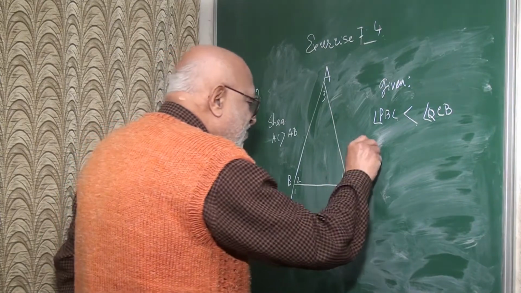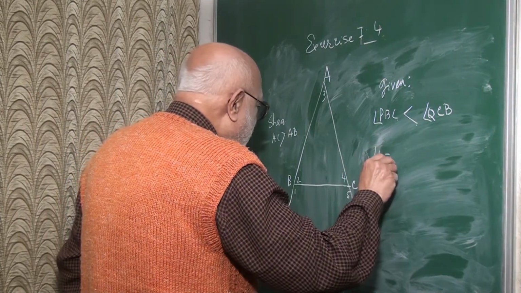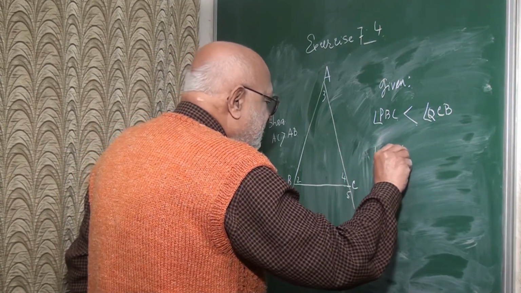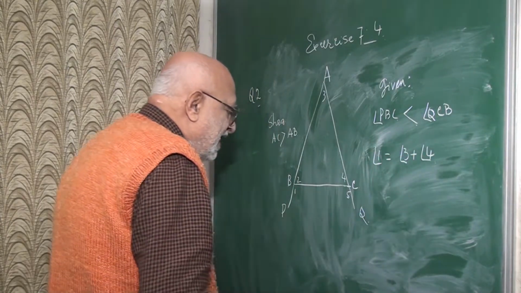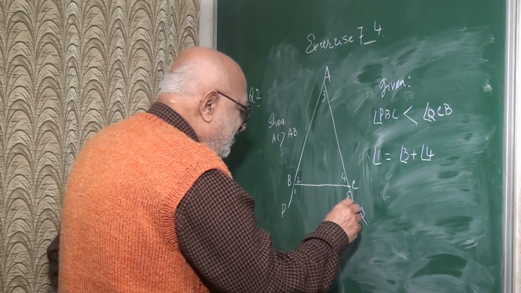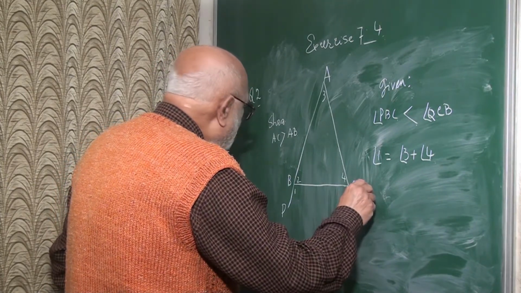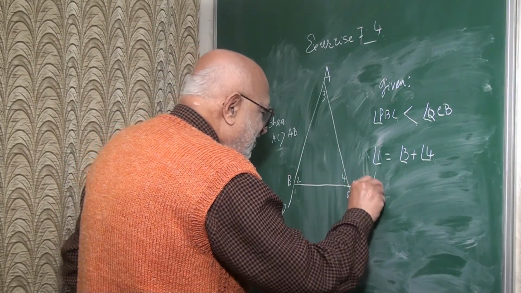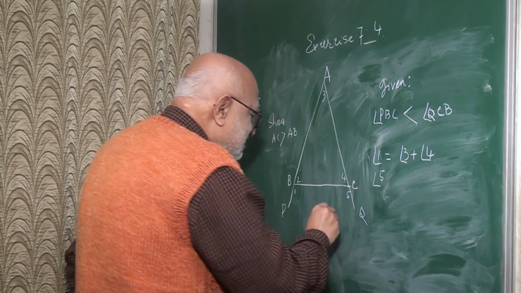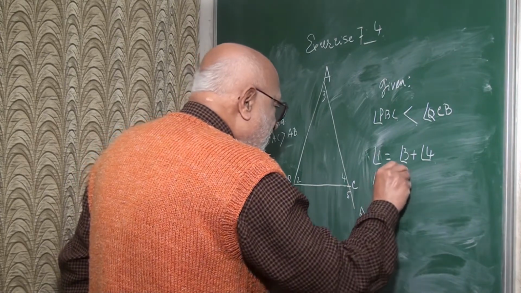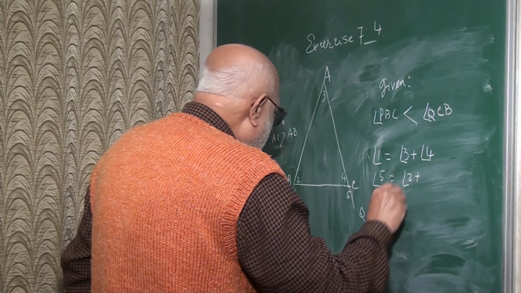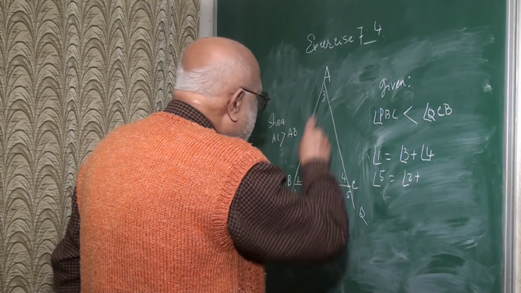Let us say angle 1 is equal to angle 3 plus angle 4. And angle 5 is again an external angle to the same triangle, equal to angle 2 plus angle 3.